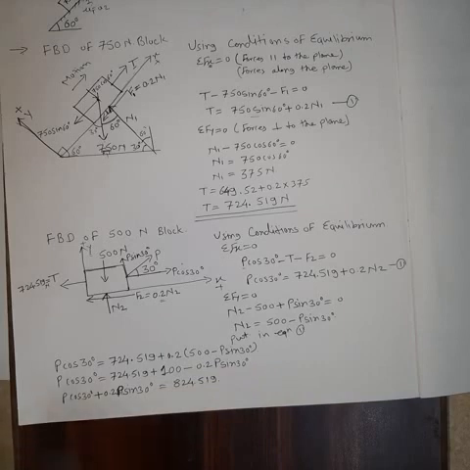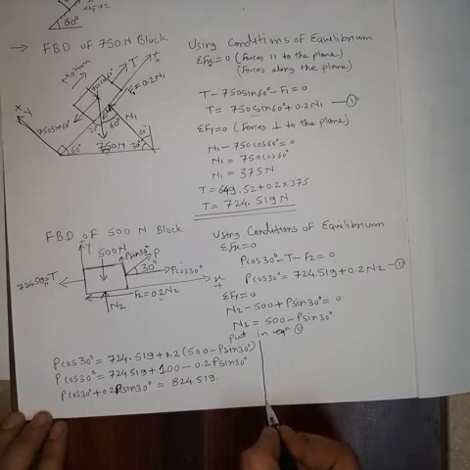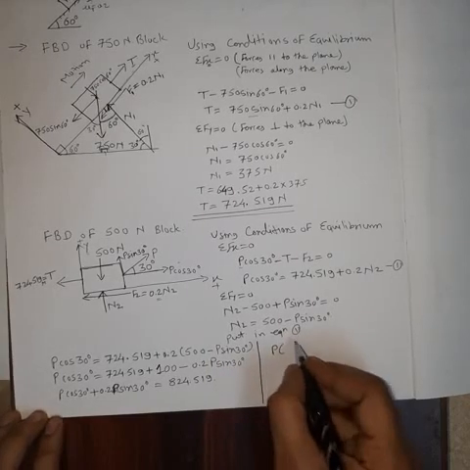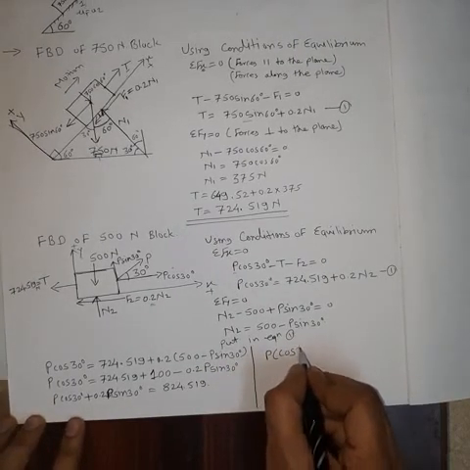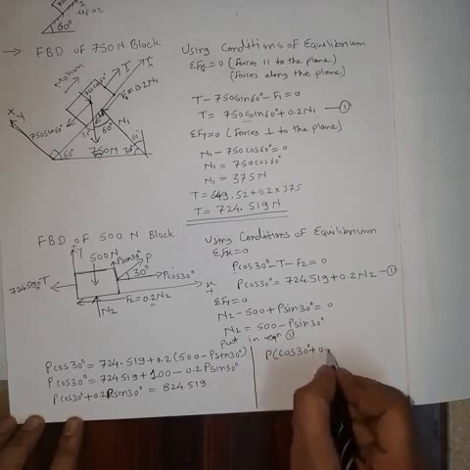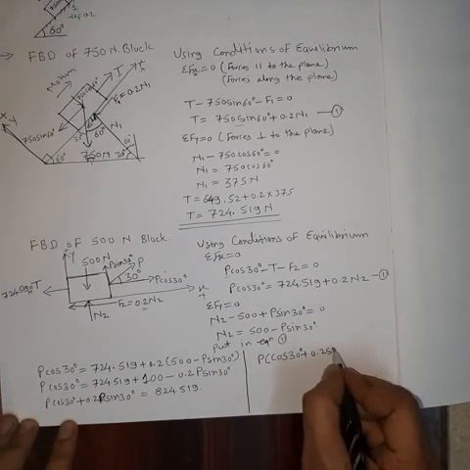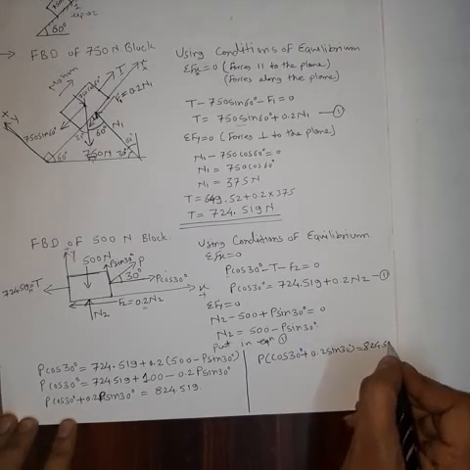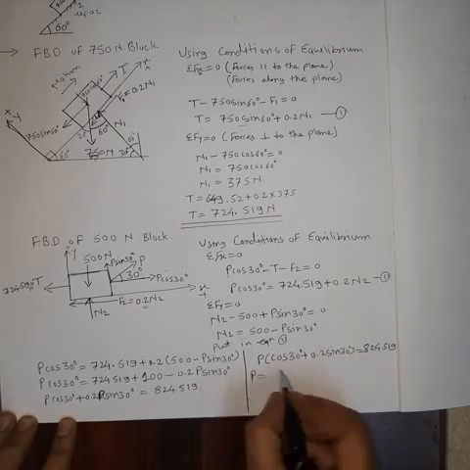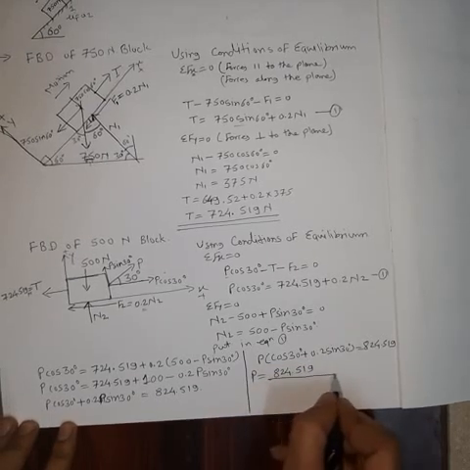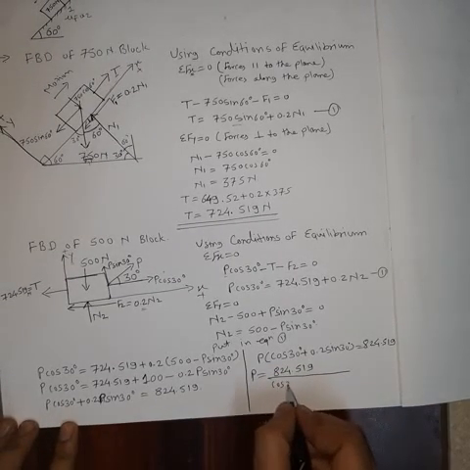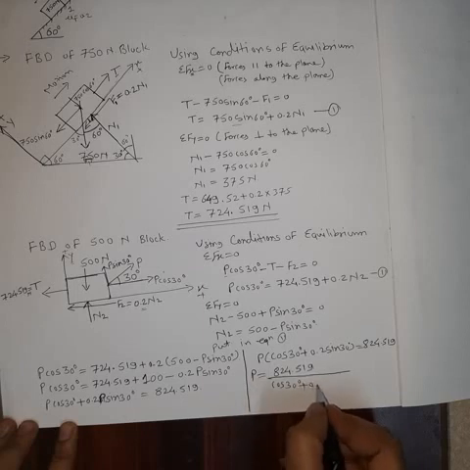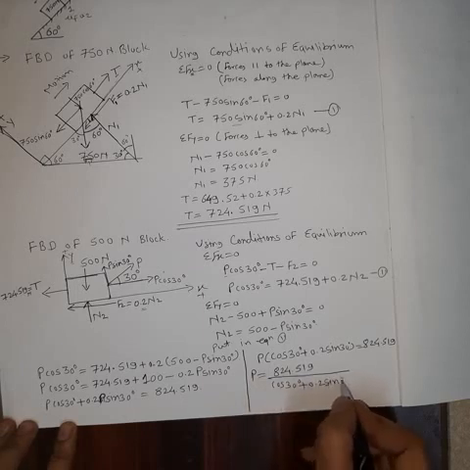824.519. So again we can take P common here: P into the bracket of cos 30 degree plus 0.2 sine 30 degree is equal to 824.519. So the value of P will be 824.519 divided by cos 30 degree plus 0.2 sine 30 degree.